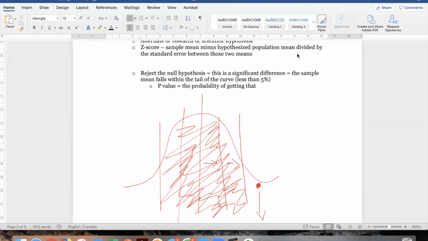Standard error is not the same as standard deviation, only because you use standard error when you're talking about comparing means from different samples and different studies, right? This study on diabetics showed the average sugar to be here.